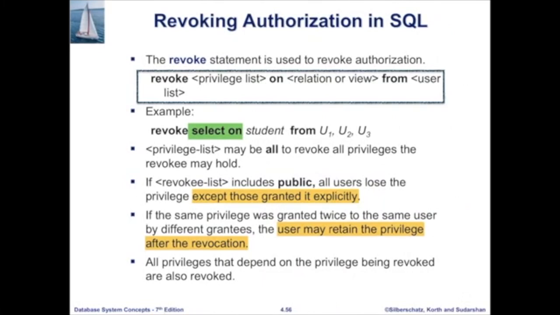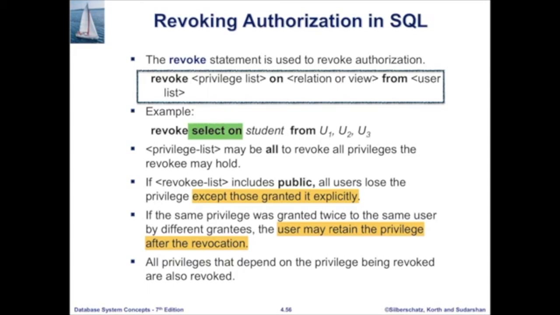If we can grant an authorization to a specific user or a role, we can also revoke the privilege list to a specific user. So we can use the revoke statement here. So for example, if you don't want certain users to read information from the student table, then we can call the revoke select on student from this specific user list.